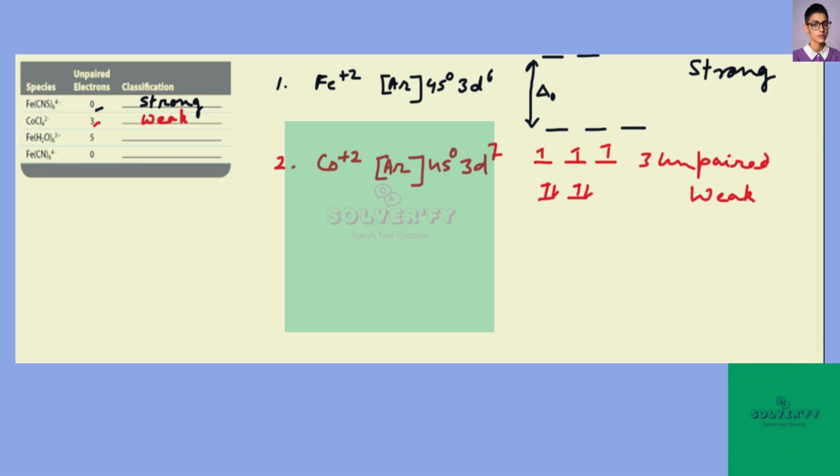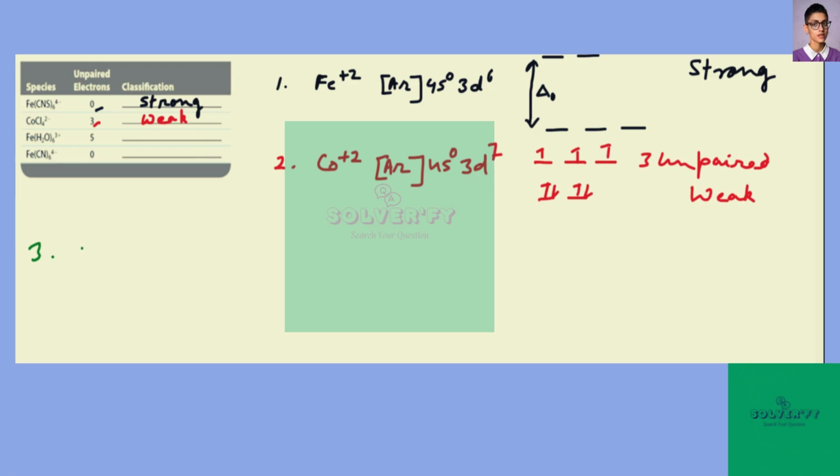Now come to the next one, that is the third one. This is an iron complex with water, and here 5 unpaired electrons are present.